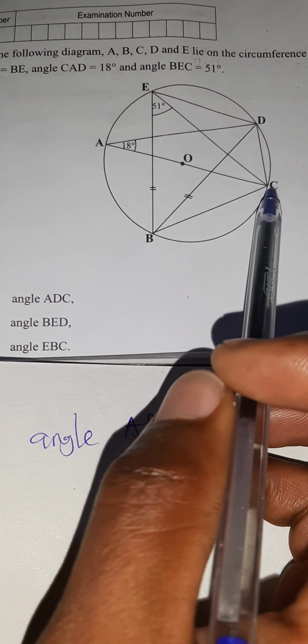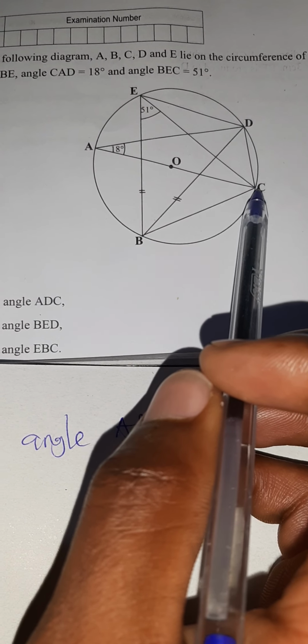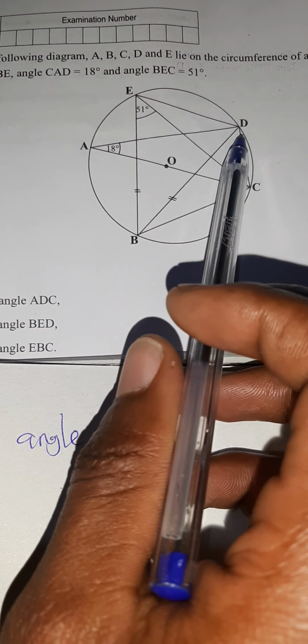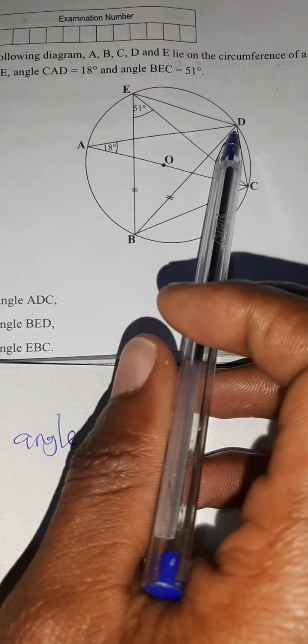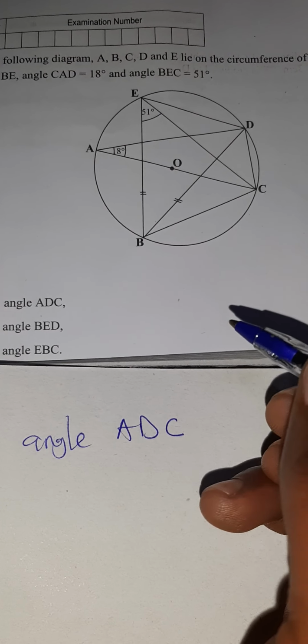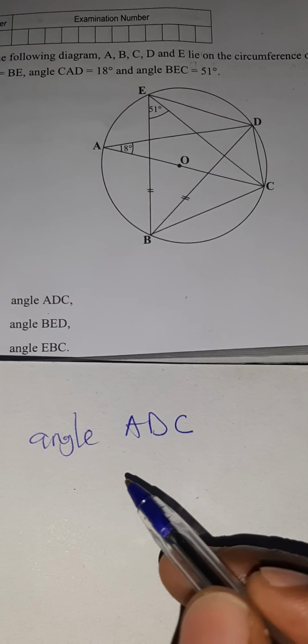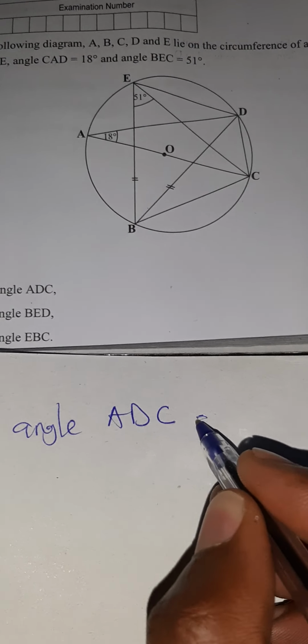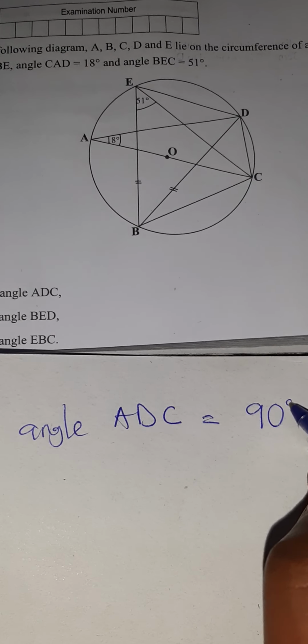So this AC is a diameter. So this angle that has been formed on the circumference, the angle D there, is actually 90 degrees. So angle ADC is equal to 90 degrees.